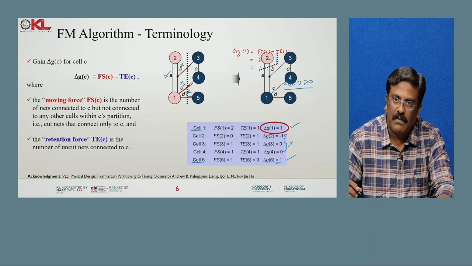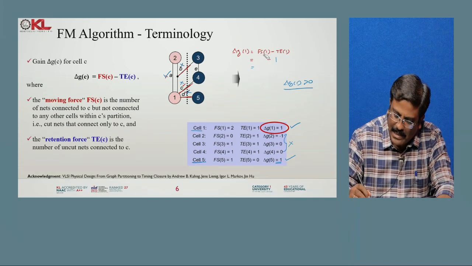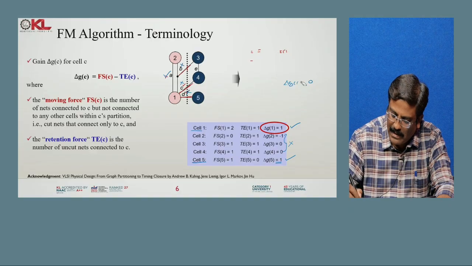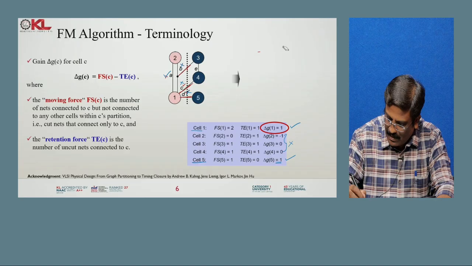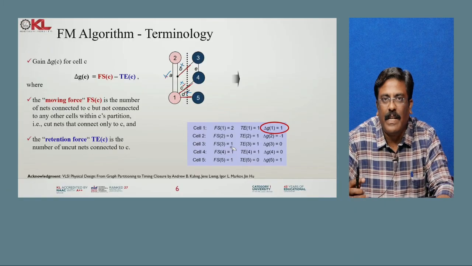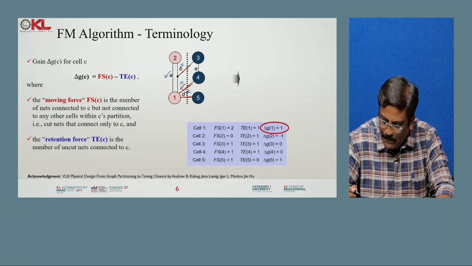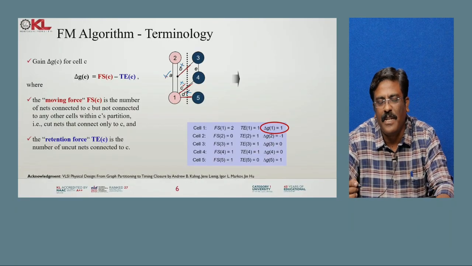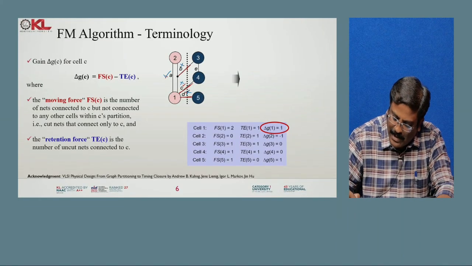So now, for an assumption, let's assume that cell 1 is moving. As I discussed earlier, there are two eligible cells, cell 1 and cell 5. We are going to consider other factors also to decide whether cell 1 or cell 5 is moving. But for this discussion, let me assume that cell 1 is moving.